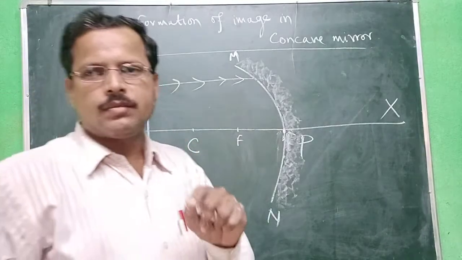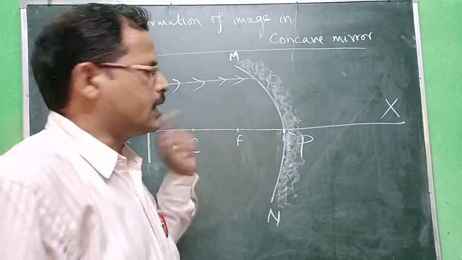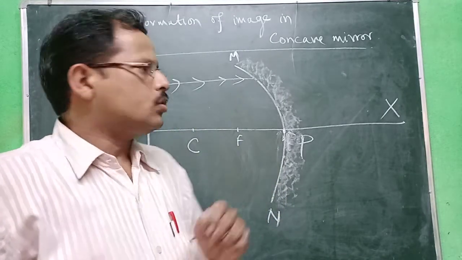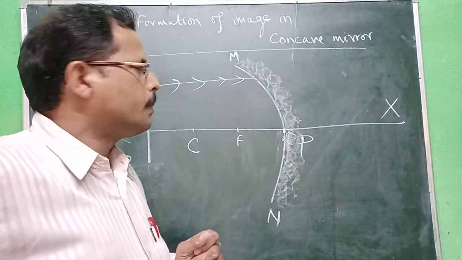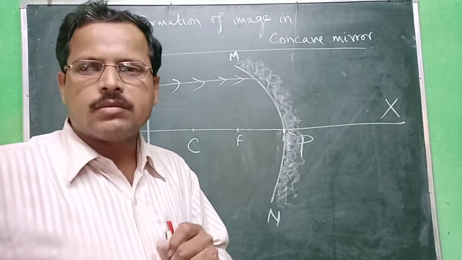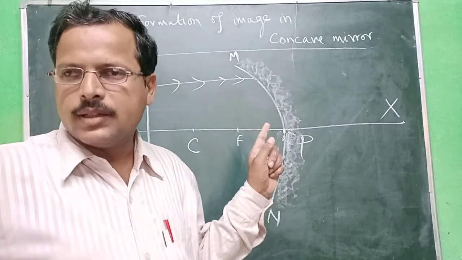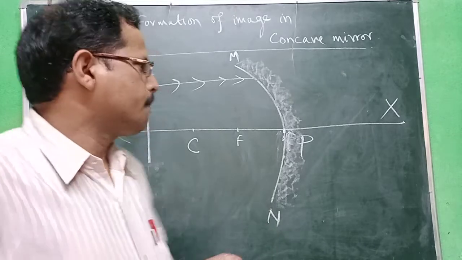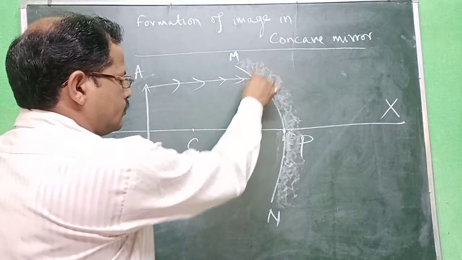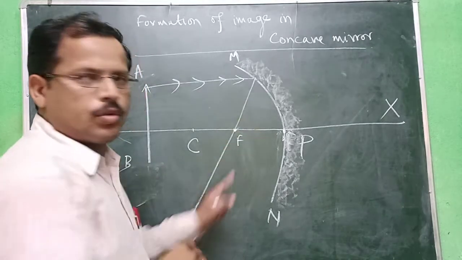Take the first ray coming parallel to the principal axis. What will be the reflected ray? According to the laws of reflection, the reflected ray will pass through the principal focus. Suppose this is the principal focus.